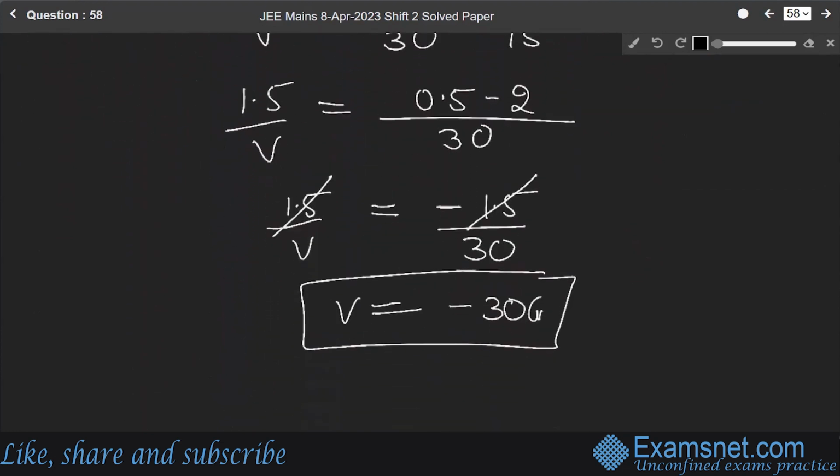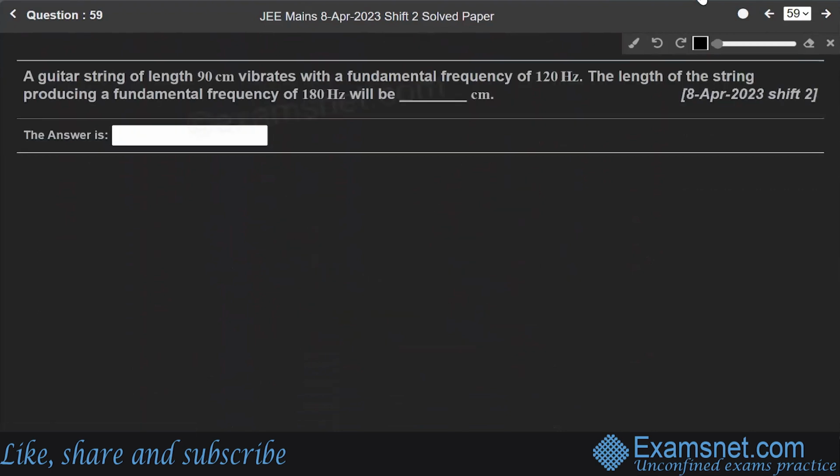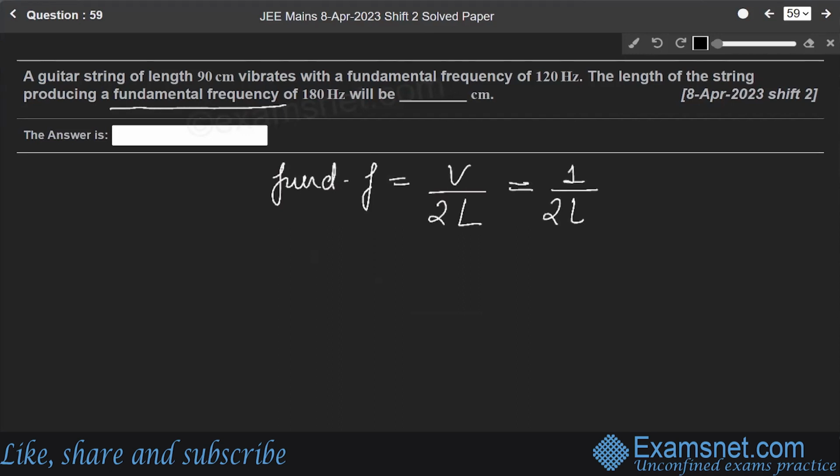Now, moving towards our next question, question number 59. This question says that a guitar string of length 90 centimeter vibrates with a fundamental frequency of 120 hertz. The length of the string that produces a fundamental frequency of 180 hertz will be? So the formula for the fundamental frequency equals V over 2L, and V is what?